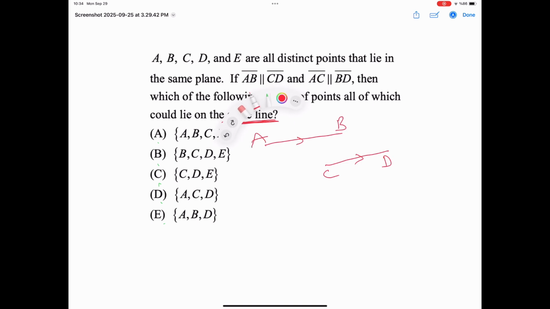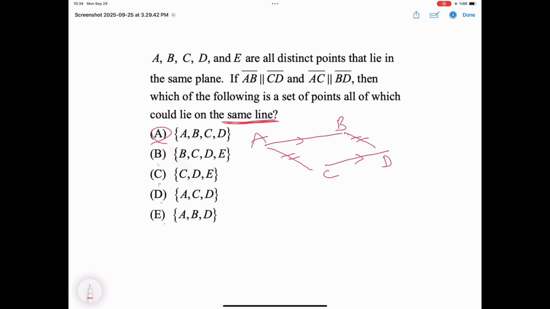And AC is parallel to BD. Okay, something like this. So which letters could be on the same line?